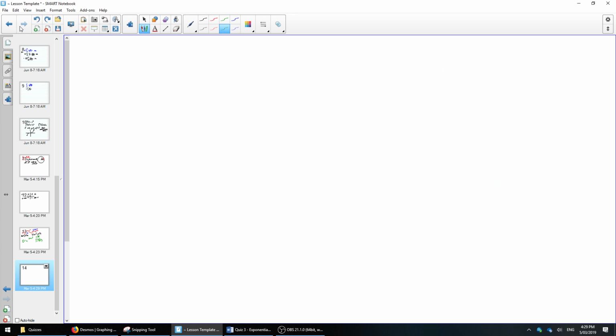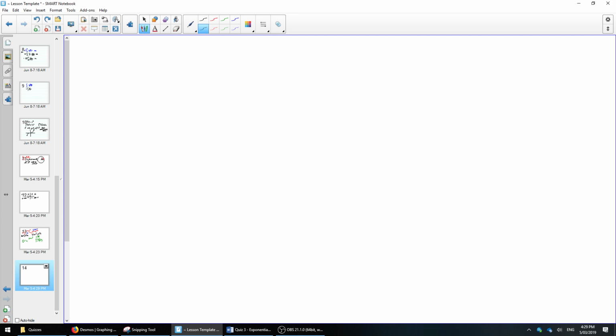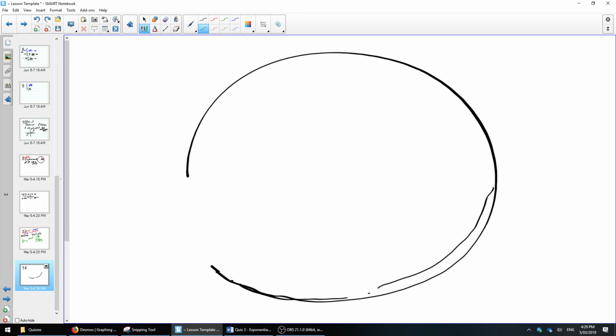So, I'm going to do a really big diagram. I'm going to do a big circle. That was shocking, but that'll do. Minus segment.